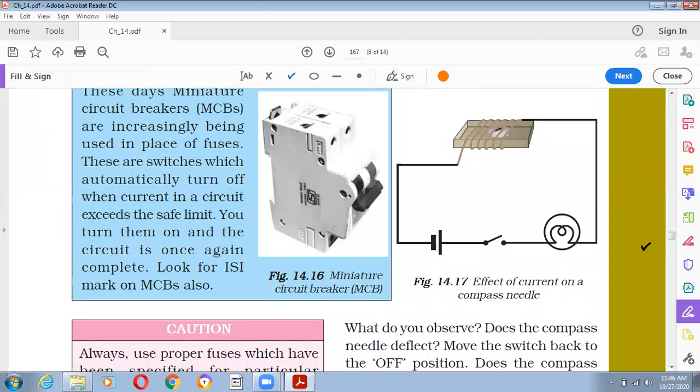What are the causes when the current flows in large amount? Whenever the current flows in large amount, there are two causes. One is short circuit, another is overloading.